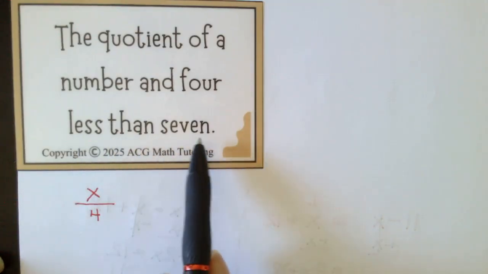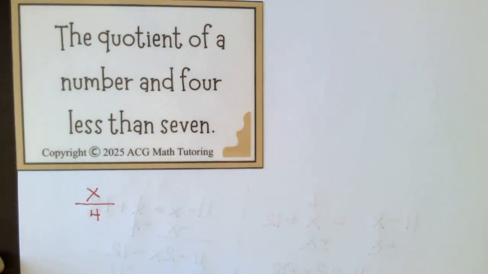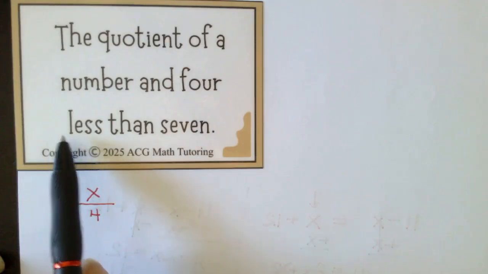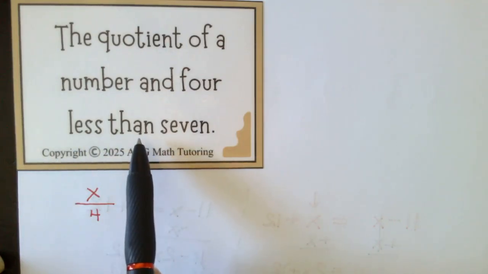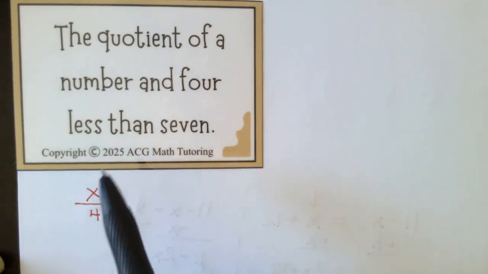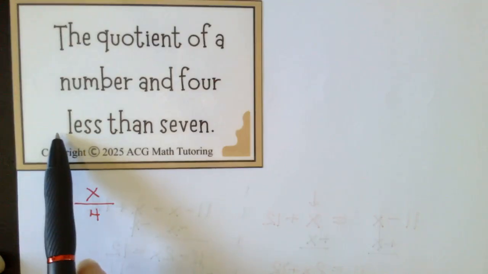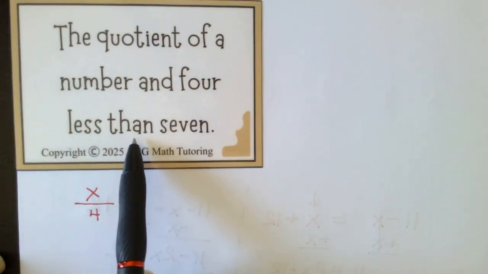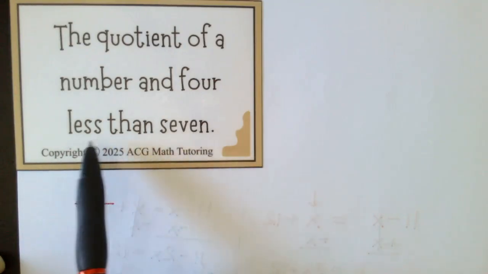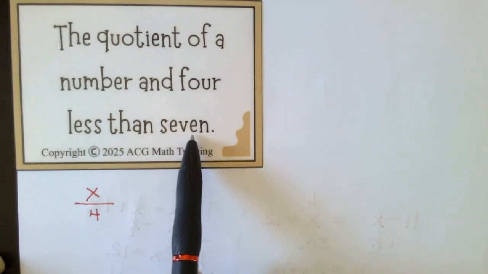This is when it gets tricky. I did see some inequality symbols. If it says is less than, that's an inequality. The difference between the equals and the inequality is when it says is less than, that would have been an inequality. But they're saying less than 7.